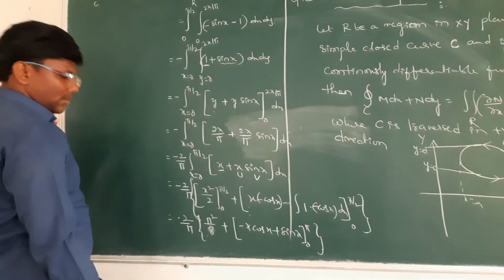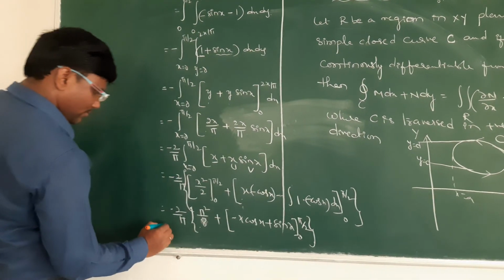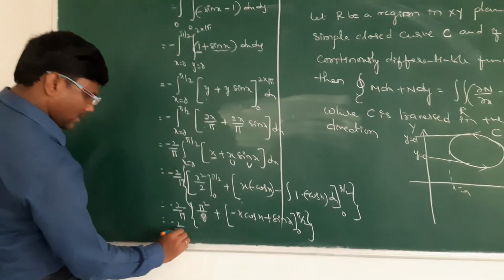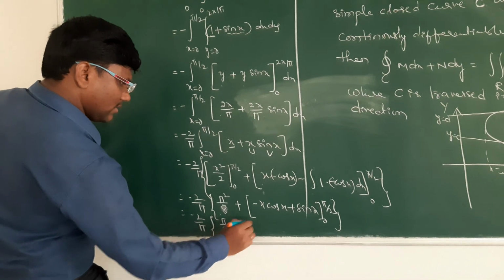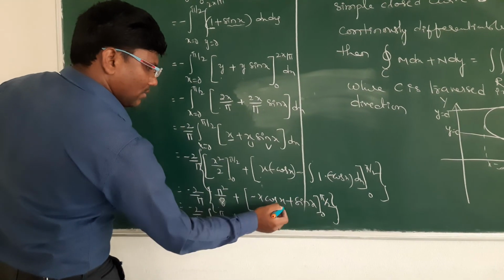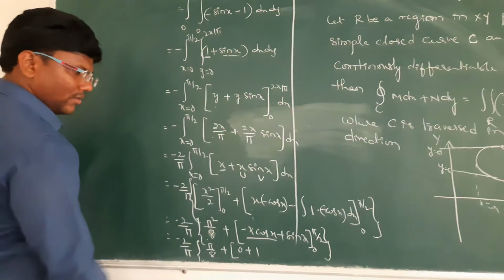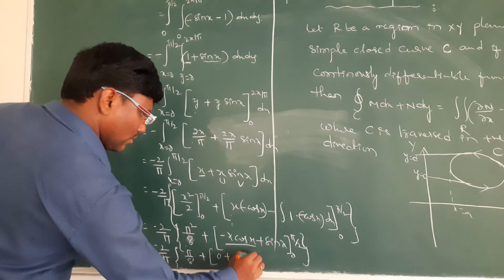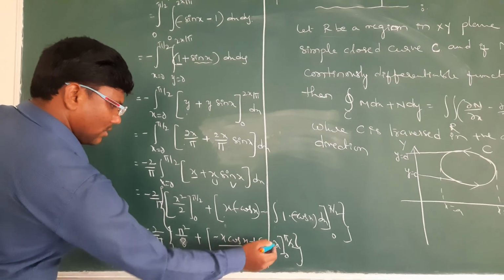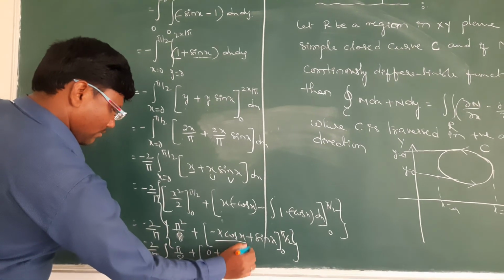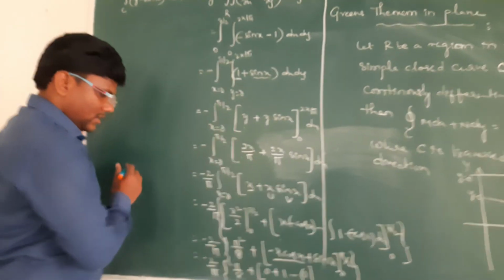Now we can substitute the limits. The integral from 0 to pi by 2 is minus 2 by pi times [pi square by 8 plus cos pi by 2, value 0, so this total is 0, plus sin pi by 2, value 1, minus the lower limit, cos 0 times 0, this value is 0, and this value is also 0]. Next, we can simplify that.